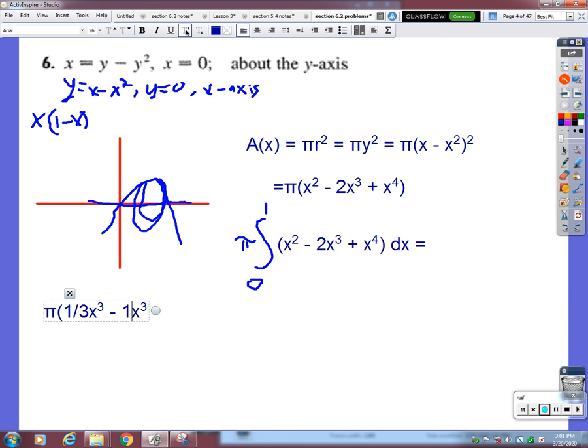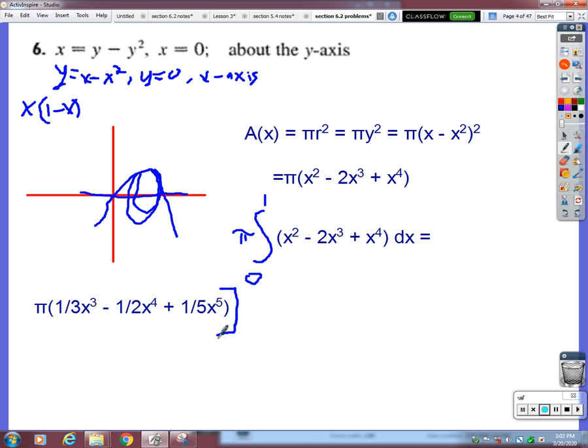Sorry, that's going to be 1/2 x to the fourth, right? And then plus... I should make mistakes on purpose, like I usually do, and give you guys points for finding them. Okay, so that's our antiderivative, I think. Let me just check that real quick. Yeah, okay. And then we are doing this from 0 to 1, loving the zeros.